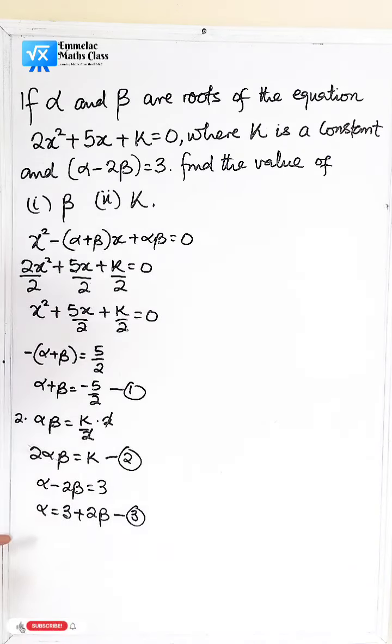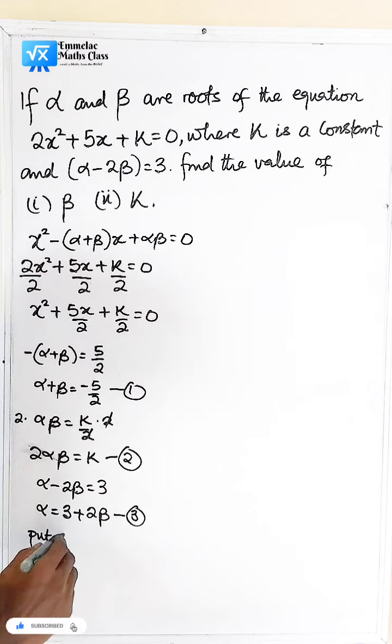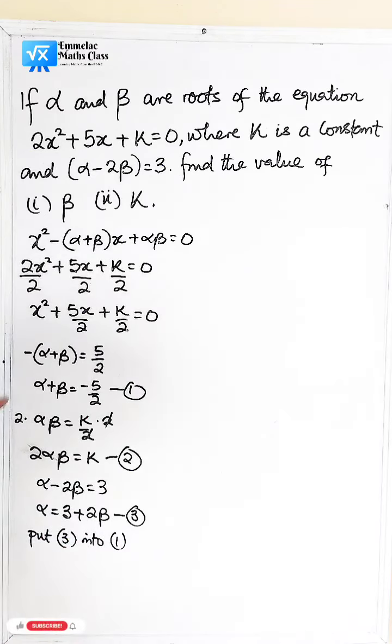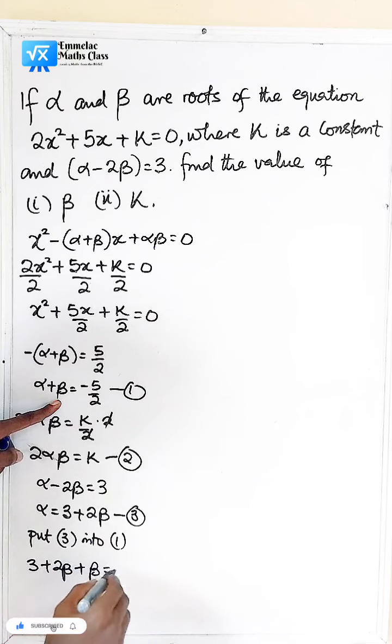Now let us plug equation 3 into equation 1. By doing that, we have 3 plus 2 beta plus beta equals negative 5 all over 2.